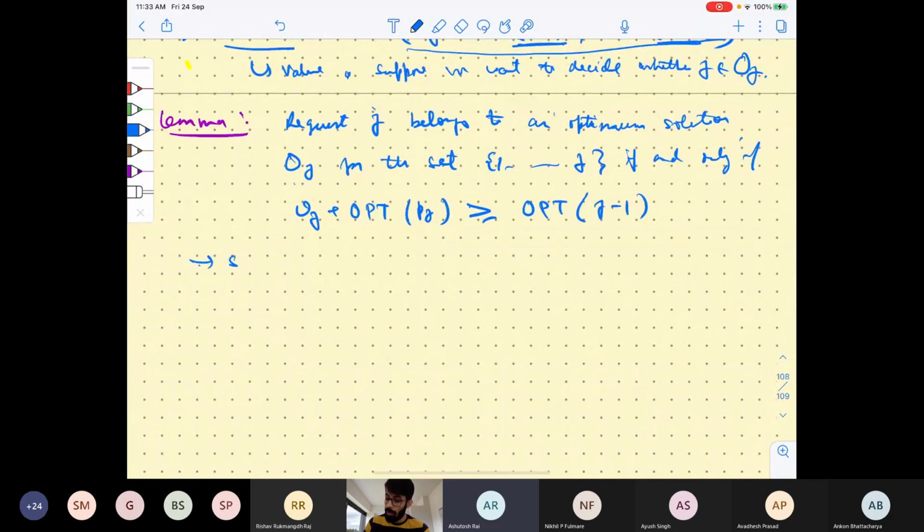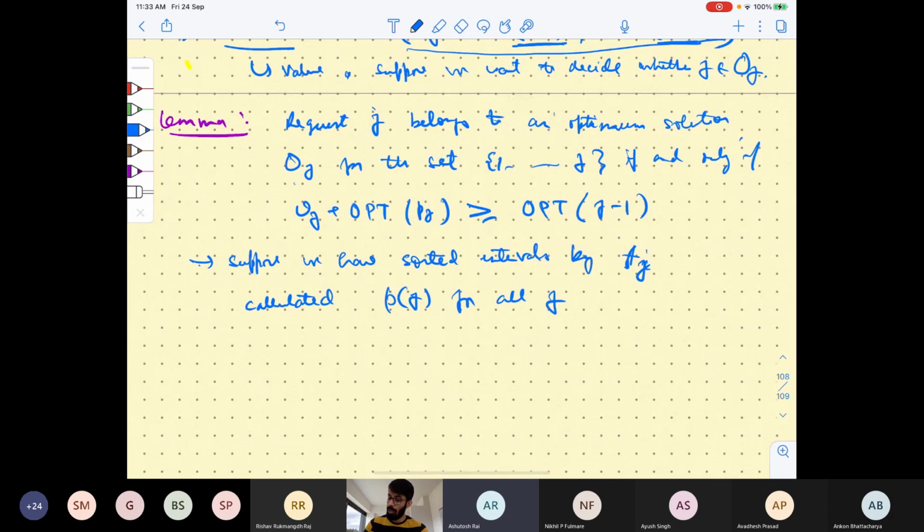So suppose we have sorted the intervals, which we have assumed already, by fi, and calculated also pj for all j.